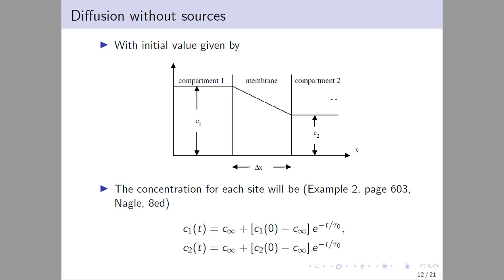Taking the example from our AMM Nagel page 03, using this diffusion equation and this initial value, we are going to get this equation, or we can get this solution.